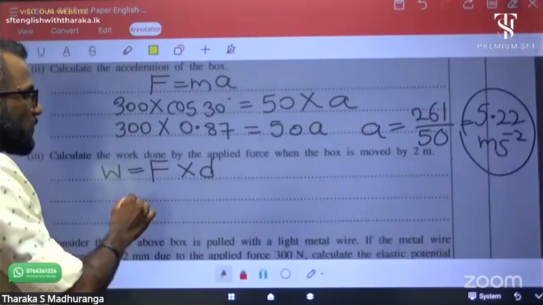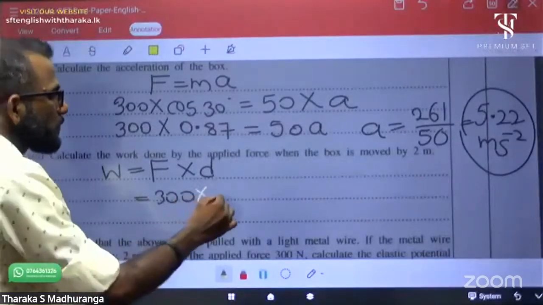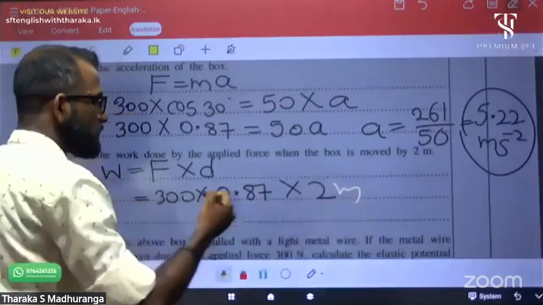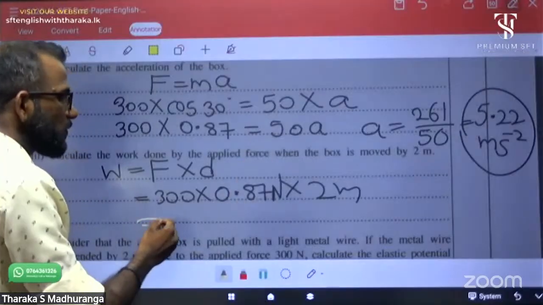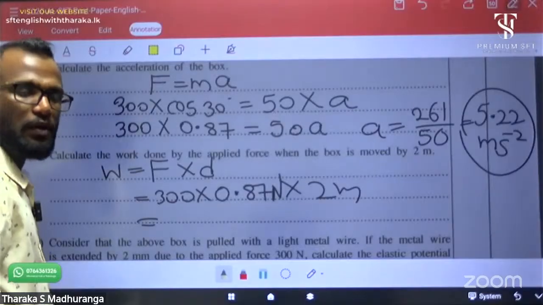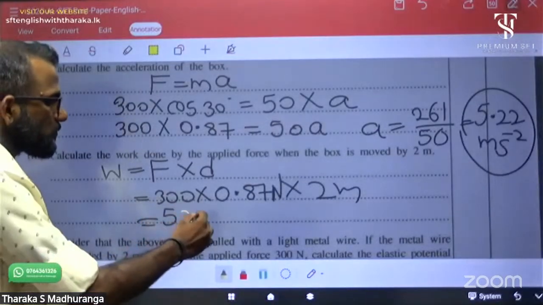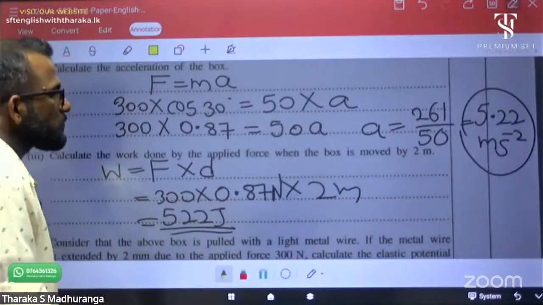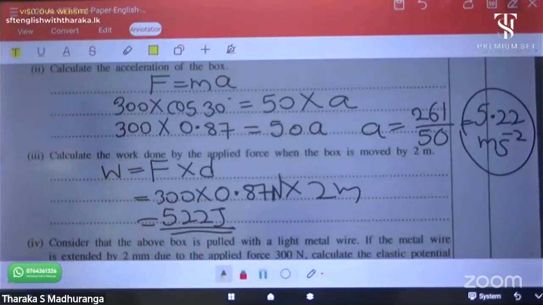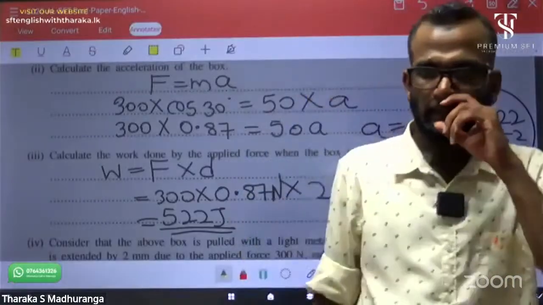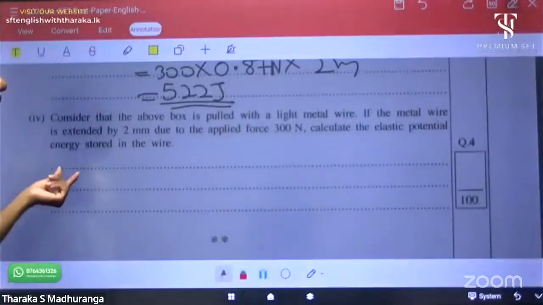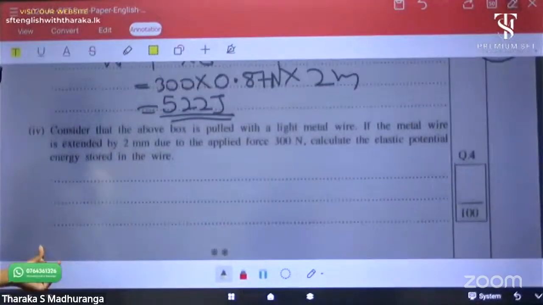It is 300 into 0.87, that is cos 30, multiplied by 2 meter. 600 into 0.87 is 522 joules. The unit of work is joules.